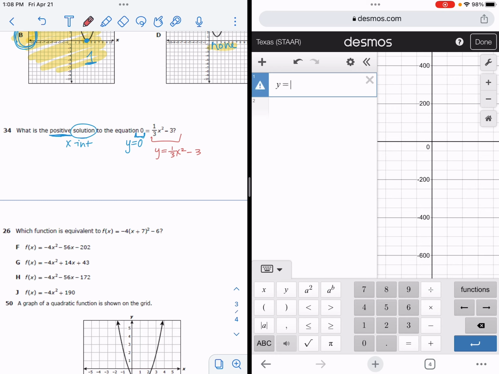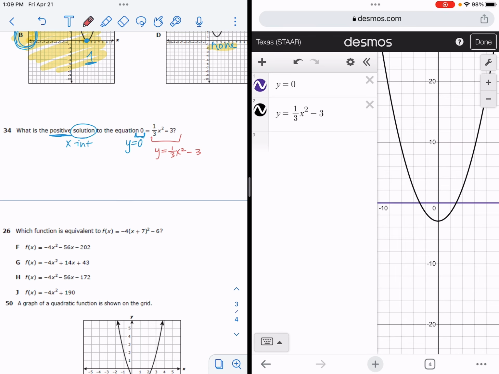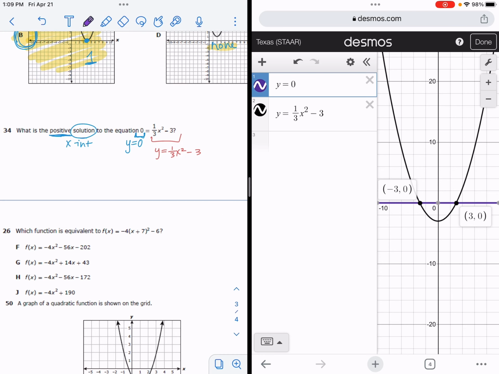Okay, so I'm going to click the house. We've got negative 3 and positive 3. But they wanted the positive solution. So pick the positive number, x equals 3.